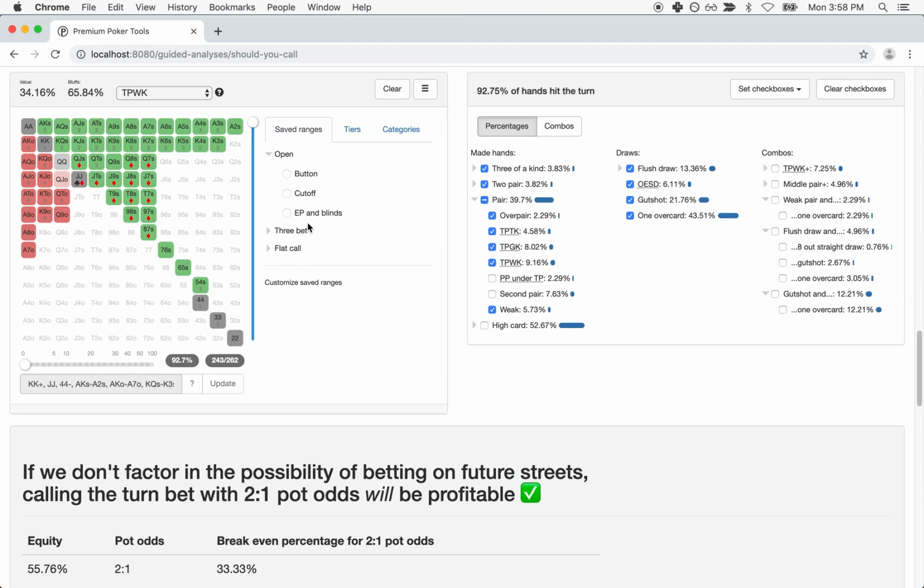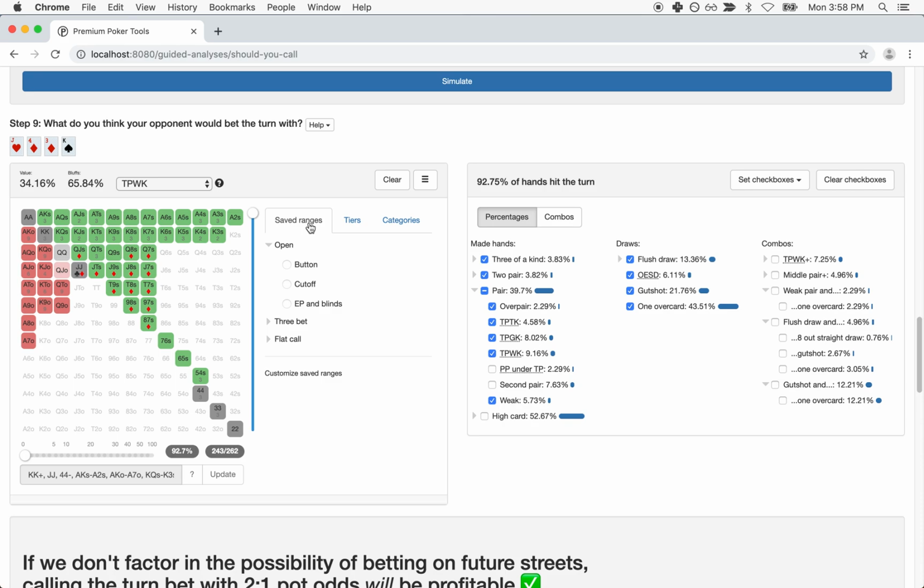So here we have the situation where we have second pair and we're facing a full pot turn bet, and it's saying that against this opponent, calling is going to be profitable. From here we can tweak some of the assumptions we made, because we were assuming that our opponent is very aggressive and very bluff heavy.